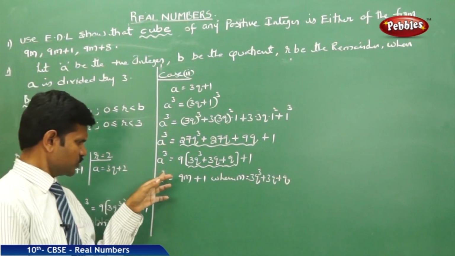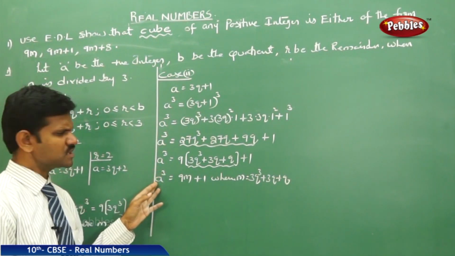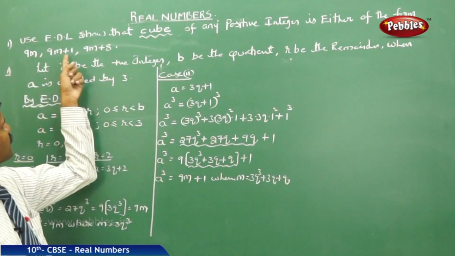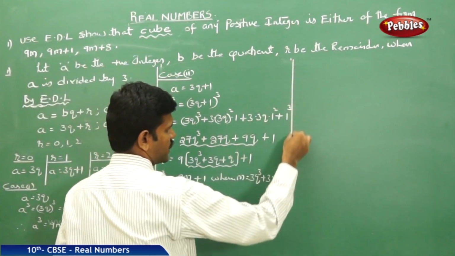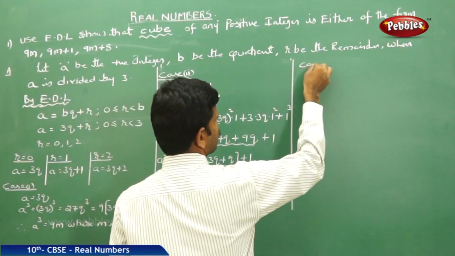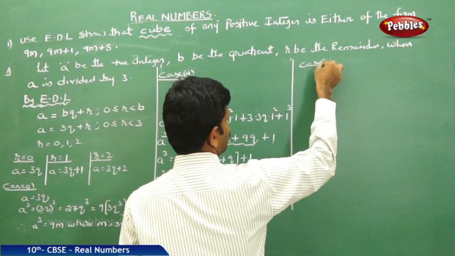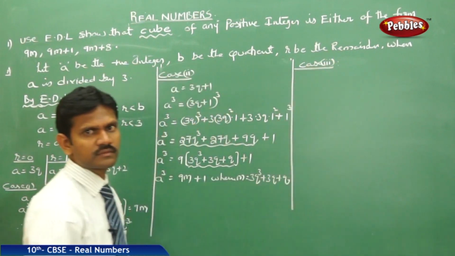Therefore, cube of any integer is of the form 9m plus 1. Now come to the case 3.